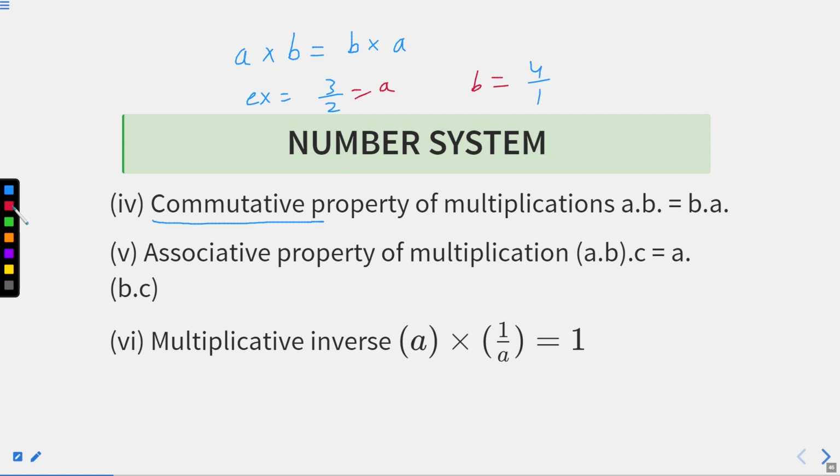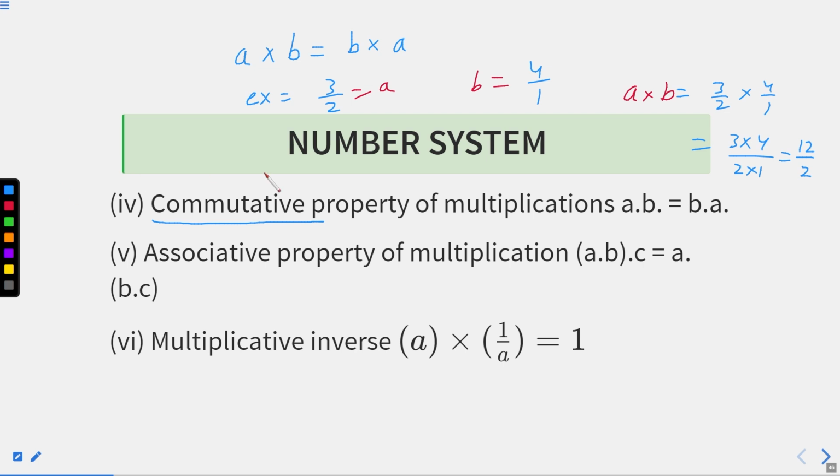So multiplying a into b, which is 3 upon 2 into 4 upon 1, we will get 3 into 4 upon 2 into 1, which is 12 upon 2.